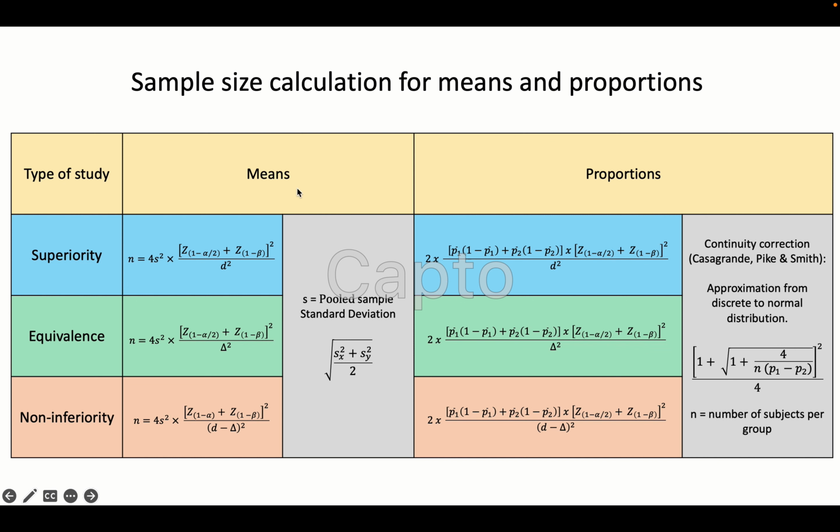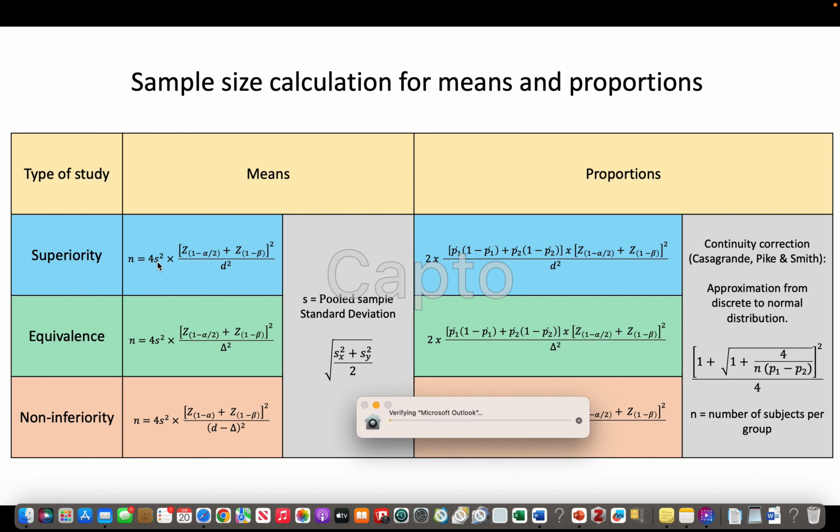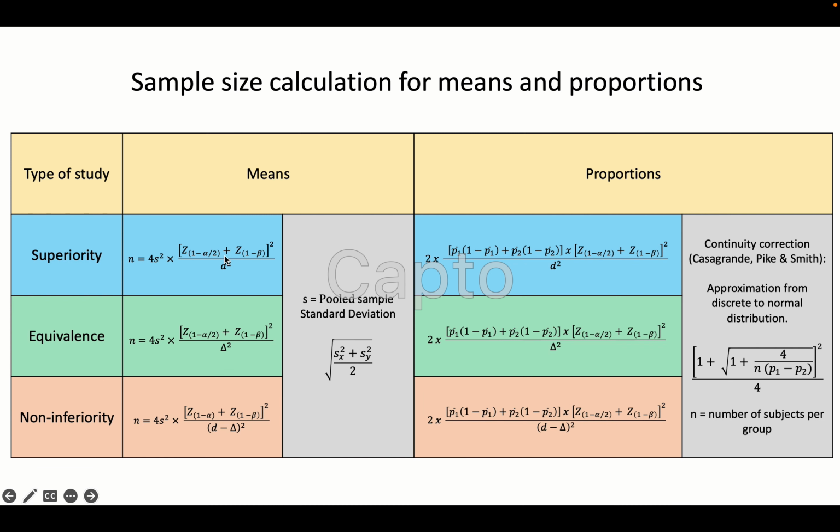In terms of the comparison of means for a superiority trial, you will need 4 times the square of the standard deviation of the sample, and again this is the same formula that I introduced in the last slide.